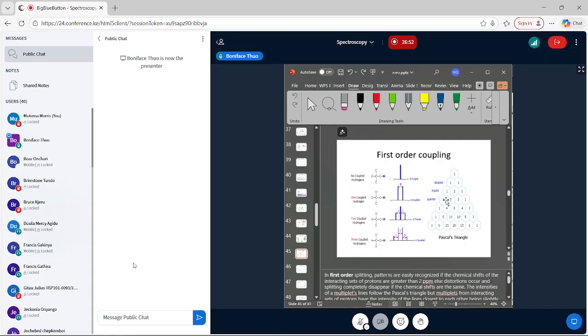So you can see what we call the Pascal triangle. It follows that pattern. When you have more than three hydrogens coupling, the splitting is usually described as a multiplet. So one hydrogen gives a doublet, two hydrogens give a triplet, three hydrogens from a methyl give a quartet.